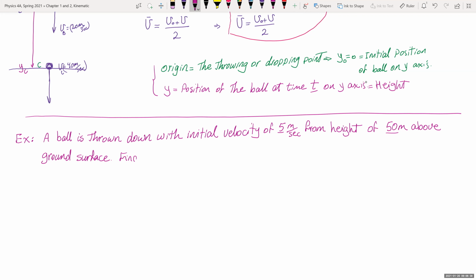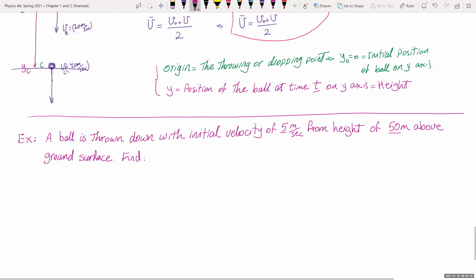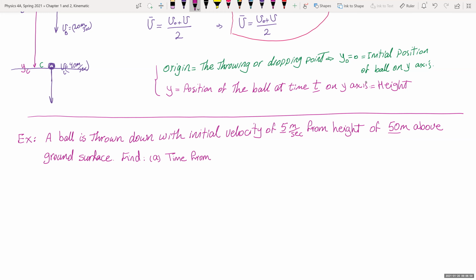Find, part A: the time from the throwing point to the hitting point.